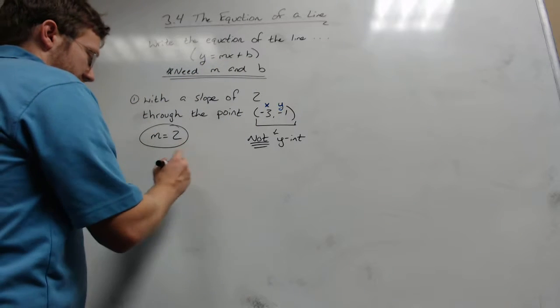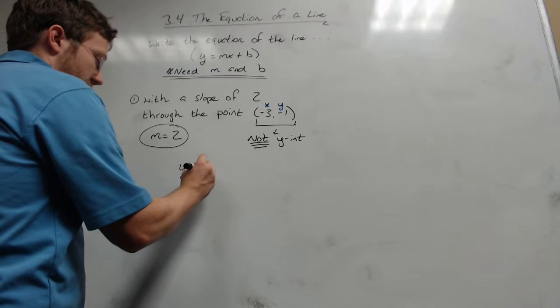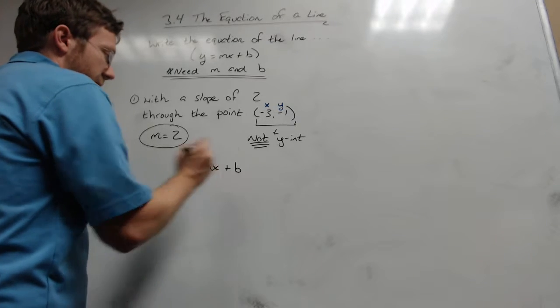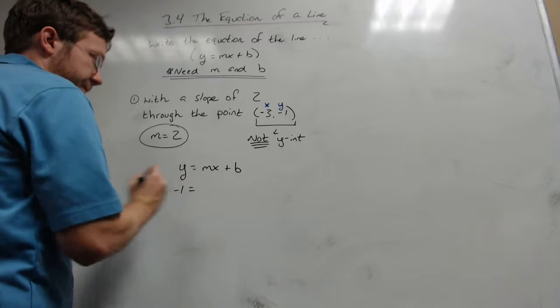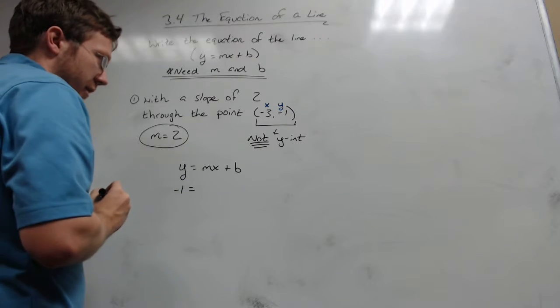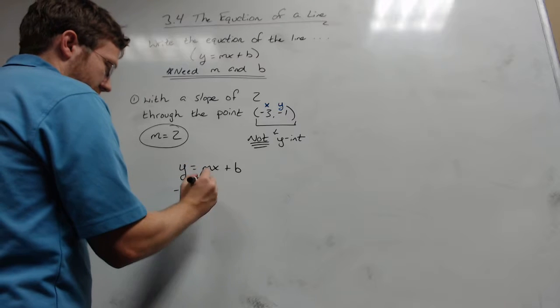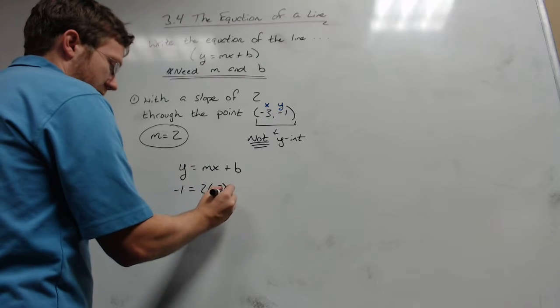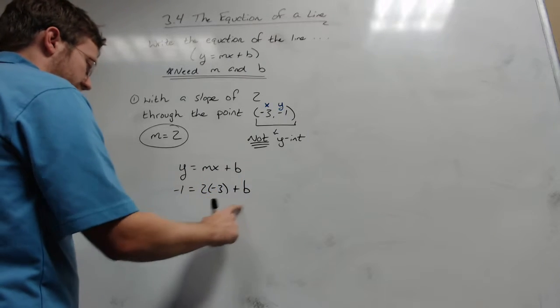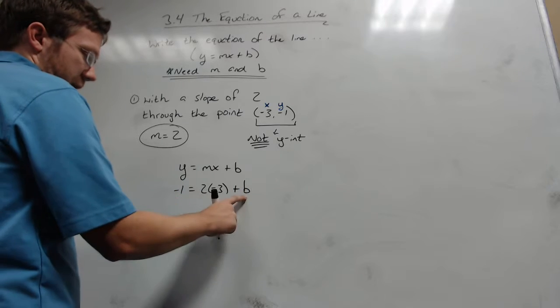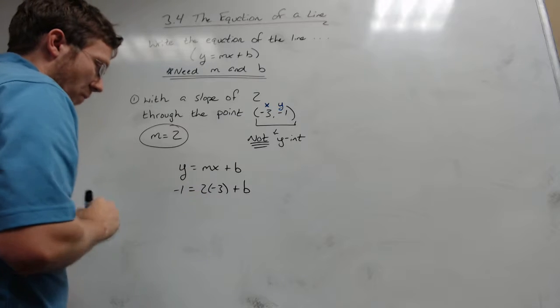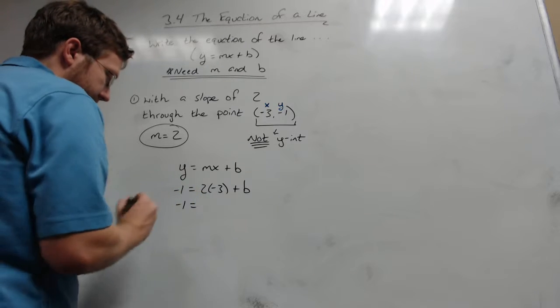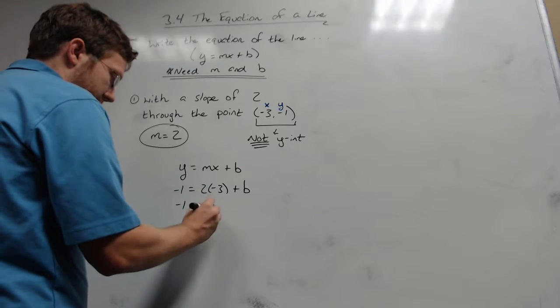So we can substitute into y equals mx plus b. Take the y value, substitute it, -1. m is 2, x is -3, plus b. Now we've created a little equation that gives us the opportunity to find out what b has to be based on these criteria. So -1 equals -6 plus b.